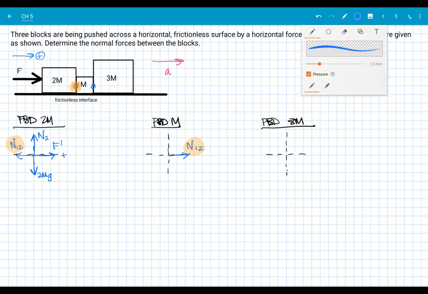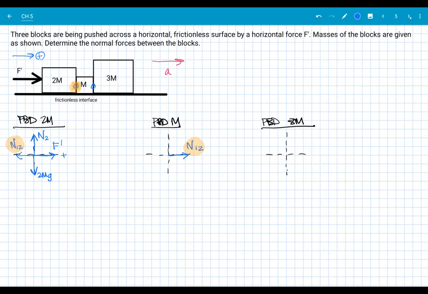So other forces on this block M, well, what else is it touching? It's also touching the 3M block, yeah? So the 3M block is pushing to the left on the M block, and I'm going to call that N sub 1, 3, because that is the interface between block 1 and block 3 there.